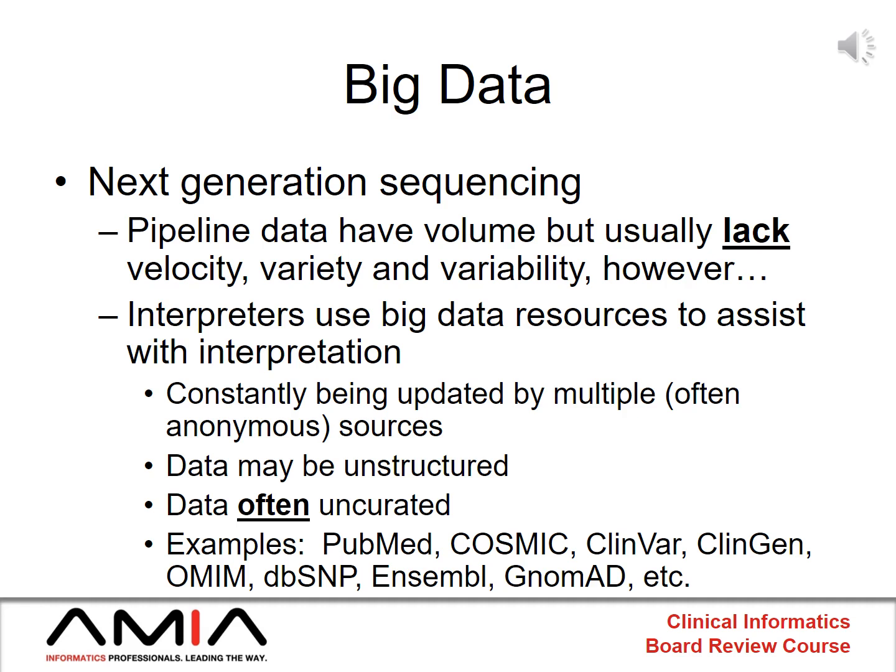I listed examples of these big data resources at the bottom of the slide. Some might be surprised to find PubMed in this list, but remember that PubMed contains papers from many different journals, and as has been discussed elsewhere in this course, there is a large amount of published data which are unreliable because the methods were poor and or incorrect conclusions were reached.